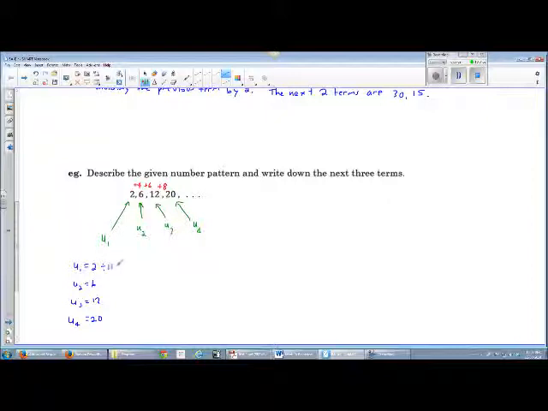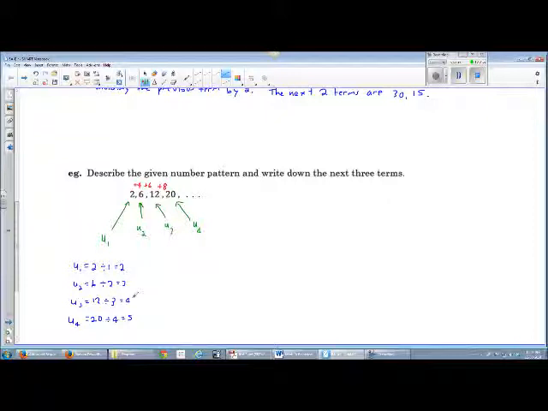I'll divide this by 2 to get 3. Divide this by 3 to get 4. And I'm going to divide 20 by 4 to get 5. Notice that the values that result from the division are 1 greater than the term number itself. So maybe we're onto something there.